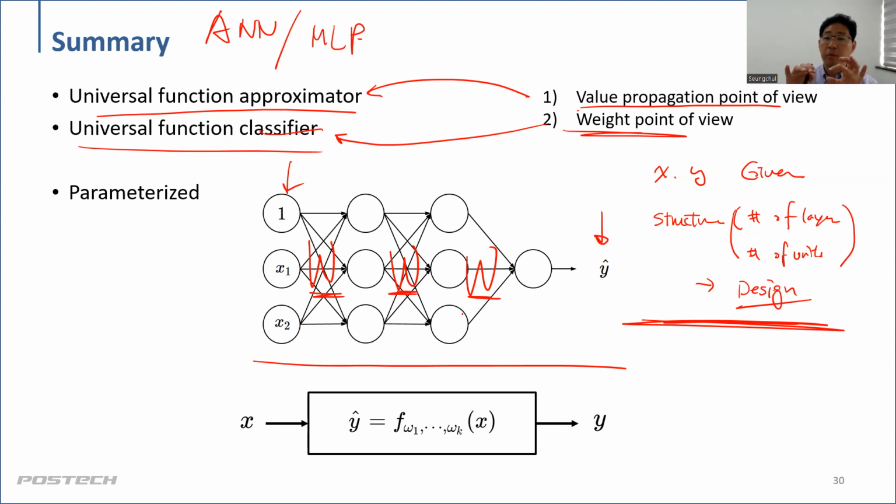So suppose you program it in Python, and given this structure that you're gonna design. You remember, in machine learning, after the training, we will get the omegas out of Python.